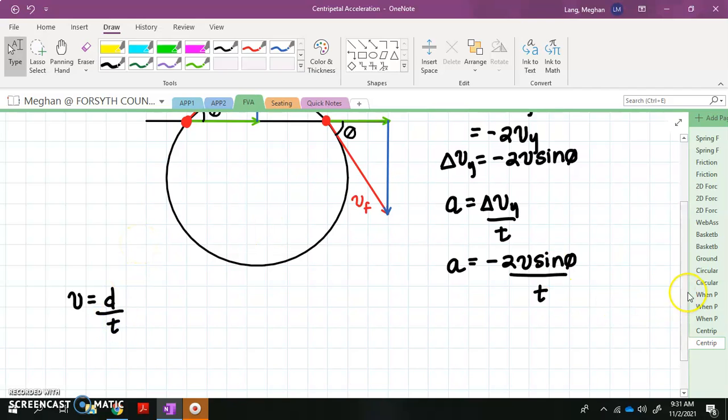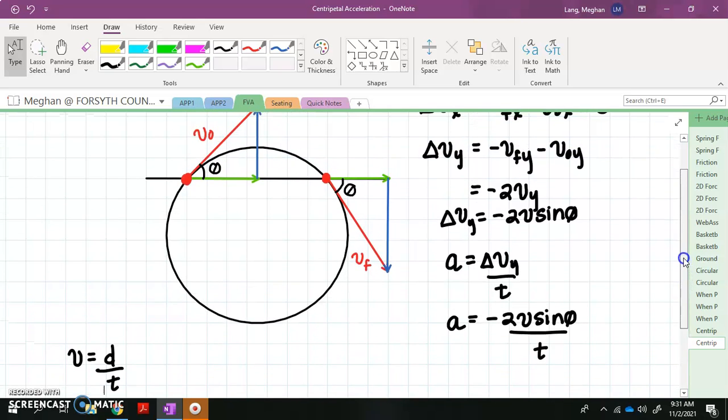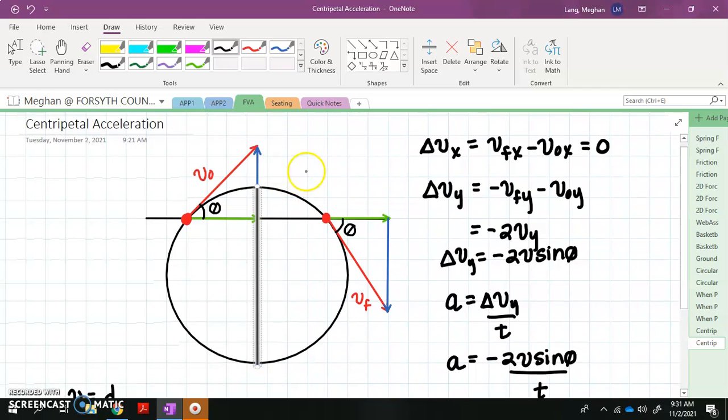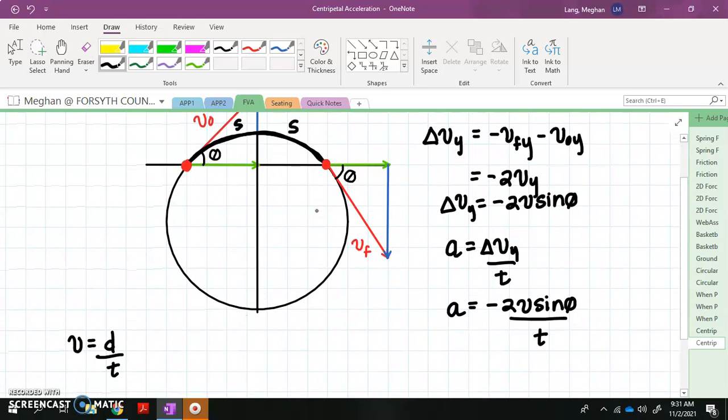So if I come back up here to try to describe the distance it travels, okay, I'm going to split this circle in half. So I'm going to call this distance from here to there arc length S, which is going to make this distance from there to there also arc length S. But if it does the whole thing from here to there, it would cover a distance of 2S.